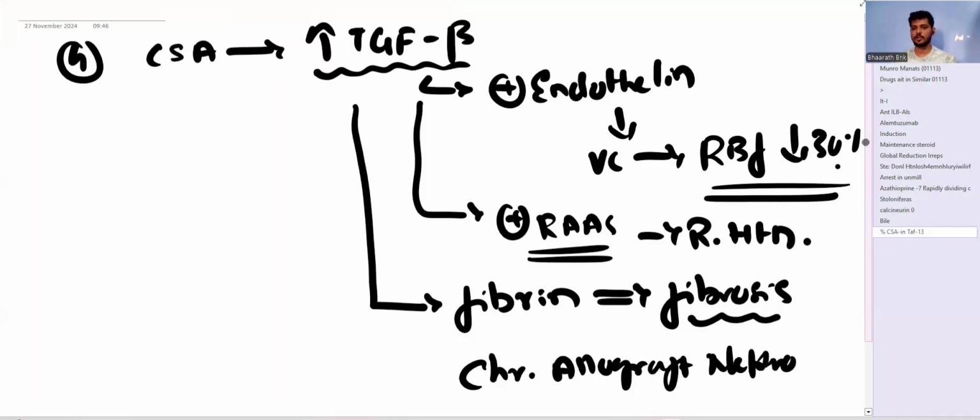So these are all the effects on the kidney. It causes reduction in the renal blood flow by 30% by stimulating endothelin. It stimulates the renin-angiotensin-aldosterone system and causes renal hypertension, and it causes fibrosis in a transplanted kidney, leading to chronic allograft nephropathy. So these are nephropathic effects, but this also causes neuropathic effects.